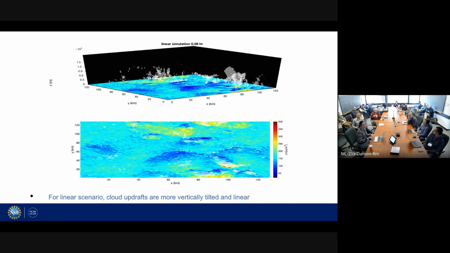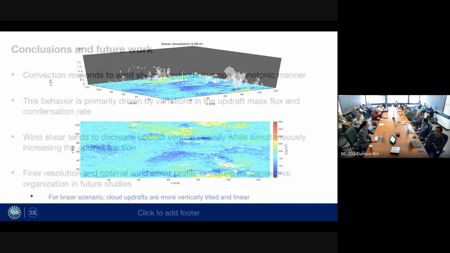We think this change in cloud morphologies changes the cloudy updraft fraction as well as increases this downward dynamic perturbation pressure that decelerates the cloudy updraft. This creates an opposing mechanism between the two, and that's why we observe a minimum mass flux at a moderate vertical wind shear profile.